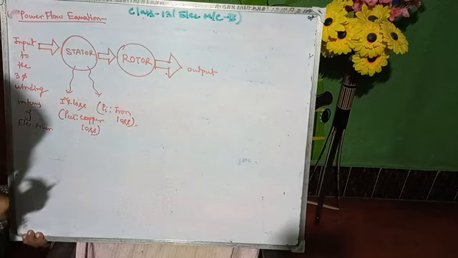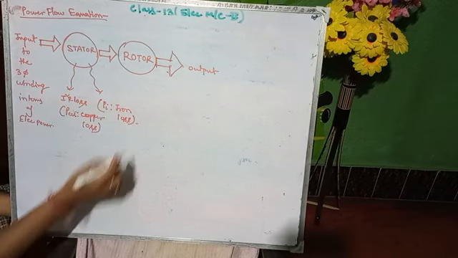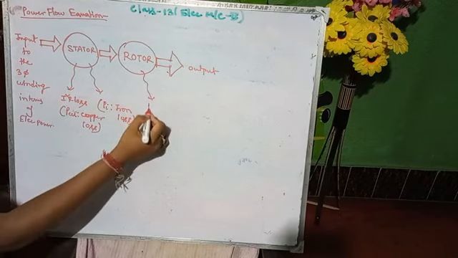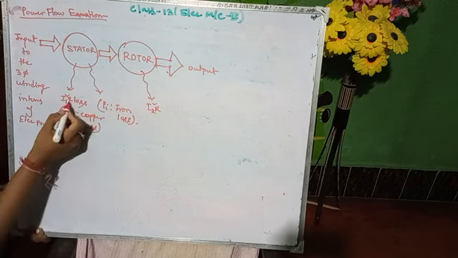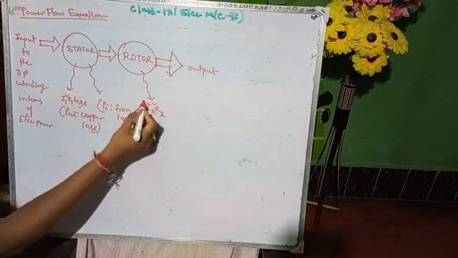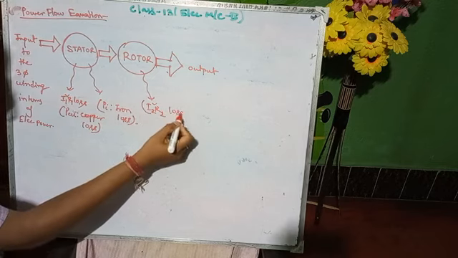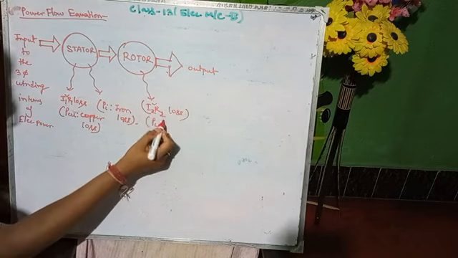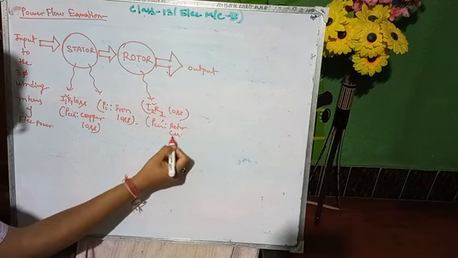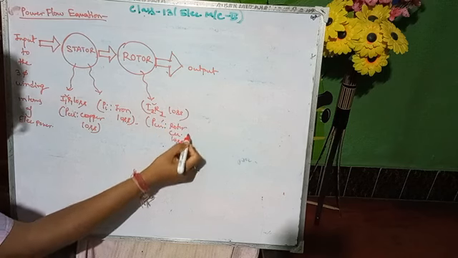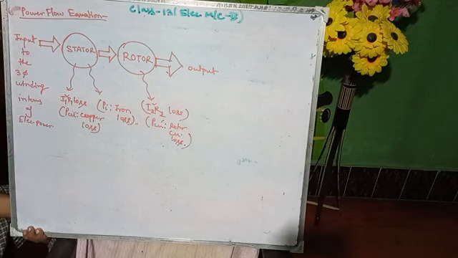Okay, so from the rotor there is also I square R, so let us consider I1 and I2, and R1 and R2. So I2 square R2 loss, that is PCU dash, is the rotor copper loss.